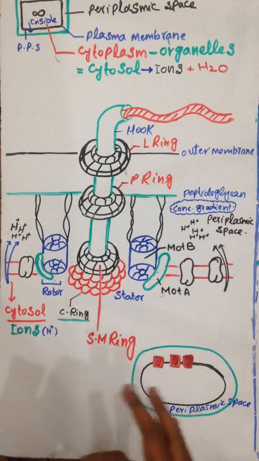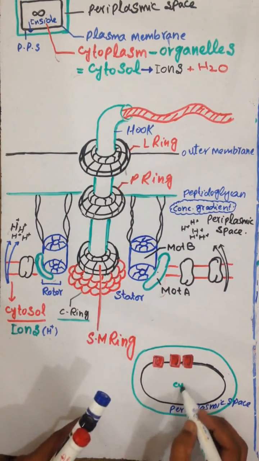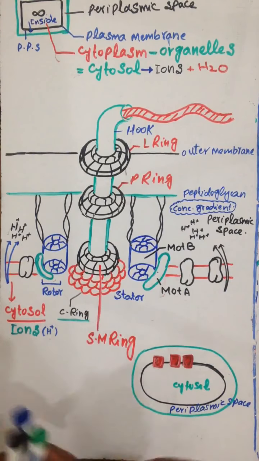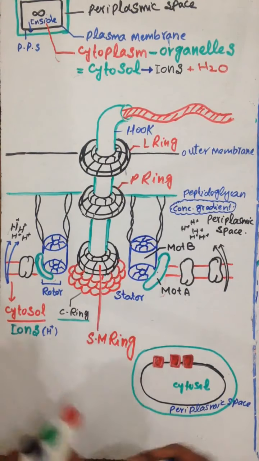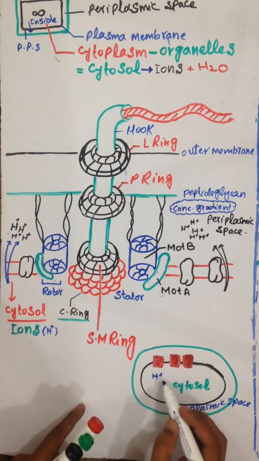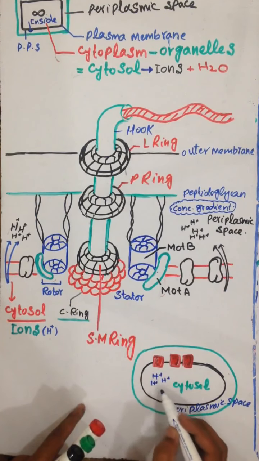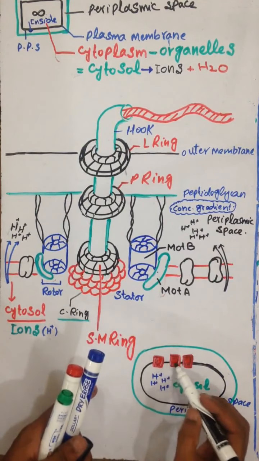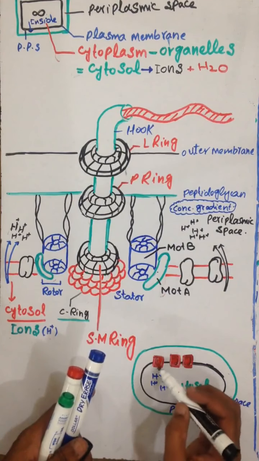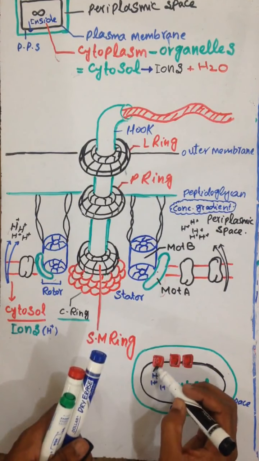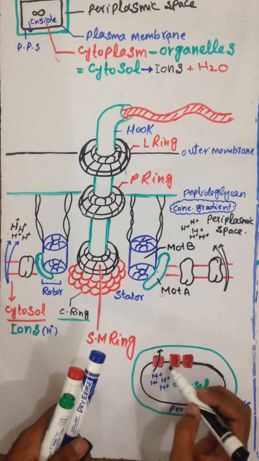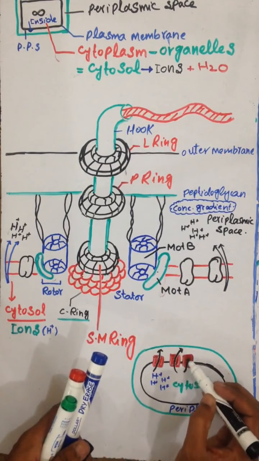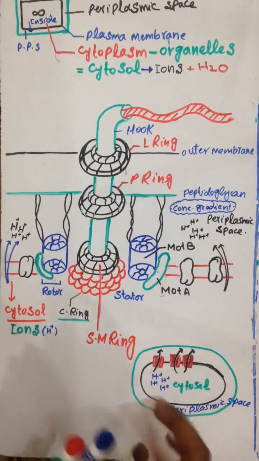So this is cytosol, part of the cytoplasm. In cytosol there are hydrogen ions, and these hydrogen ions are being pumped through these channels into the periplasmic space. These hydrogen ions are continuously pumped by these pumping devices.